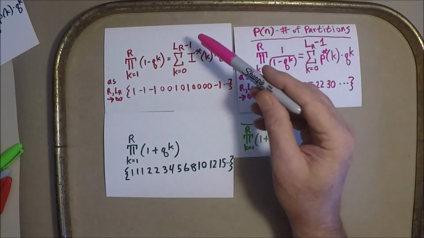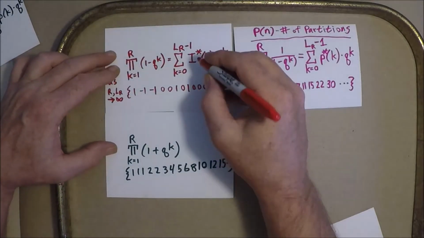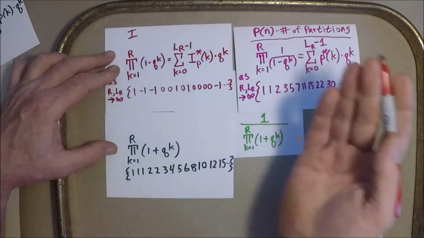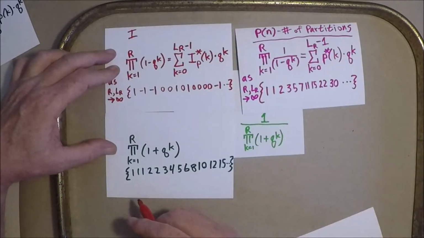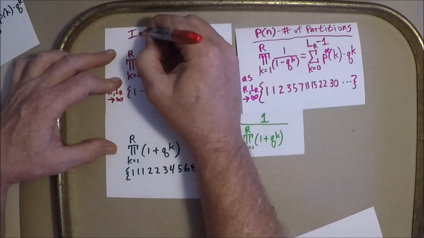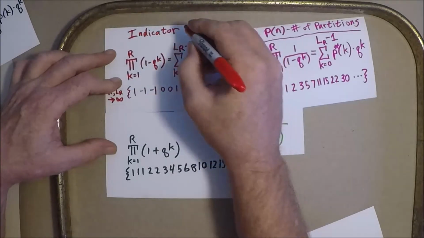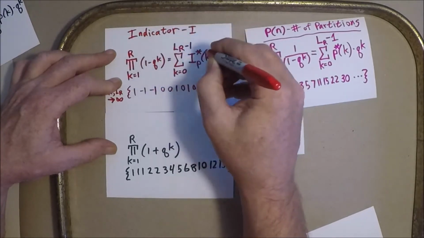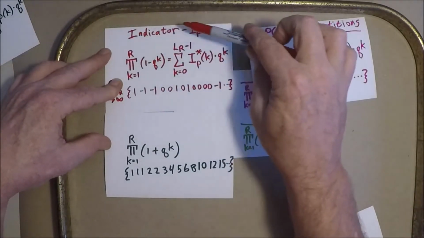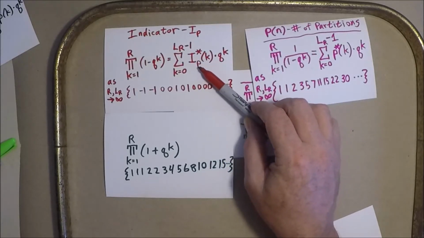So this star basically indicates that it is the finite sequence. What we actually want to say is this is IP, where I is for inverse, but it's also useful to think of it as an indicator sequence. Inverse, indicator, I, and we'll add this subscript P here to indicate that this is the indicator sequence, or the inverse sequence, of the partitions sequence.